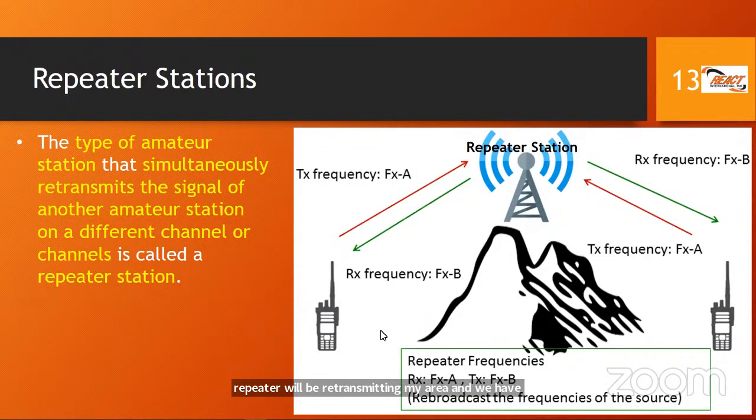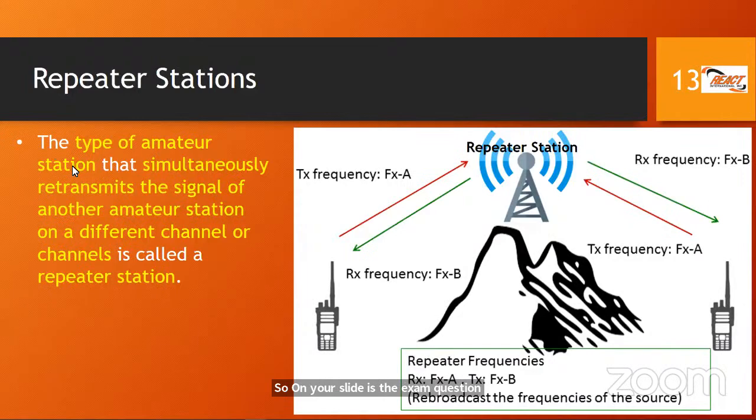And of course, when we are finished transmitting, they will transmit to the repeater. The repeater will again rebroadcast that transmission, and we will now listen. So again, a little diagram to show how a repeater operates. We of course note that the repeater will receive a signal on one frequency and retransmit it on another frequency.